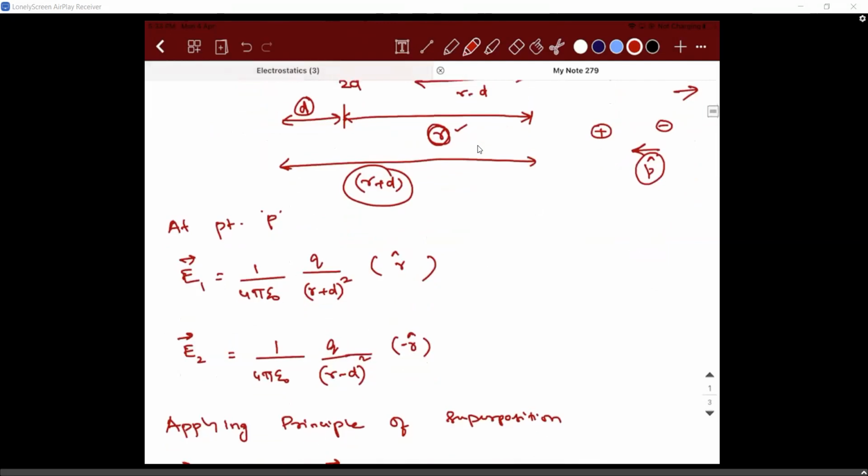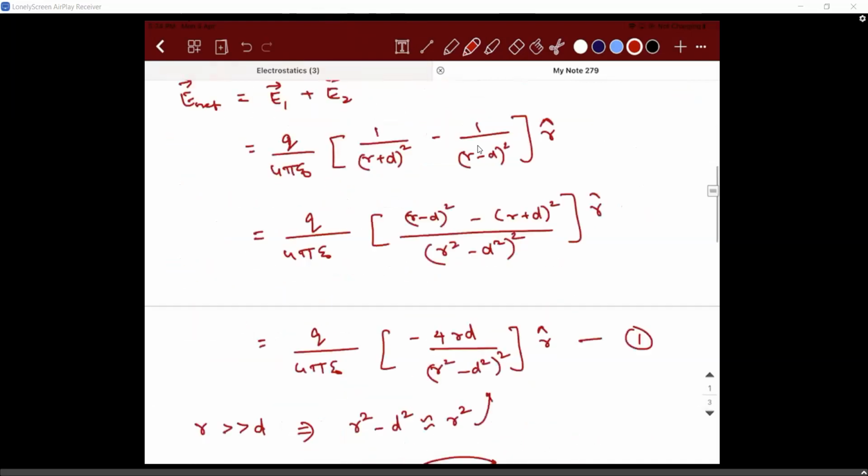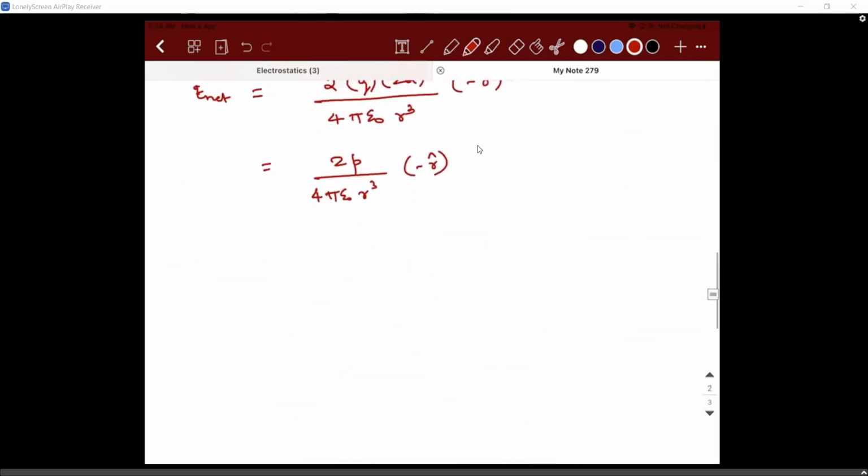Can I say P cap is equal to negative of R cap? Are you able to understand what I'm trying to say? R cap and P cap are in opposite directions in this scenario. So having said this, can I write this minus R cap as P cap itself?